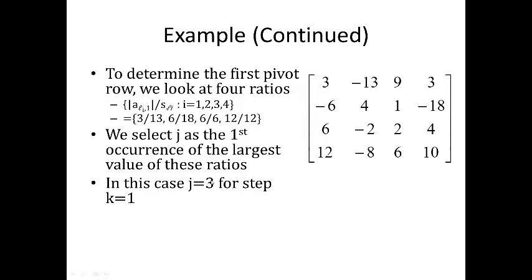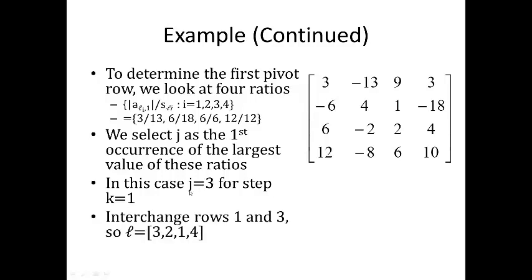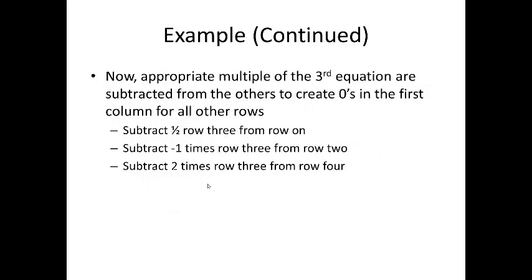So what we're going to do is interchange rows 1 and 3. So our index vector is now 3, 2, 1, 4. And row 3 is going to be our pivot equation. And there it is, highlighted so you can see that's our pivot equation. Now, row 3 was our pivot equation, so we subtract appropriate multiples of it from the others to create zeros in the first column.